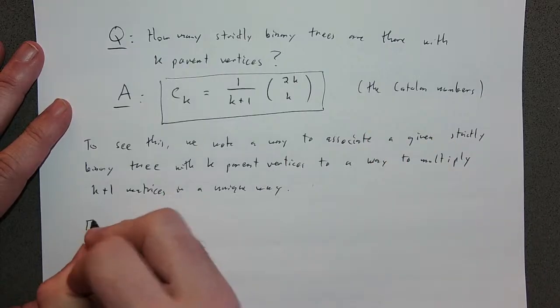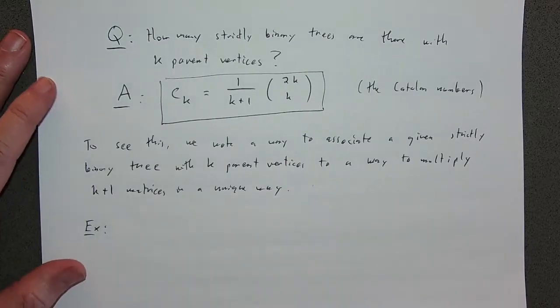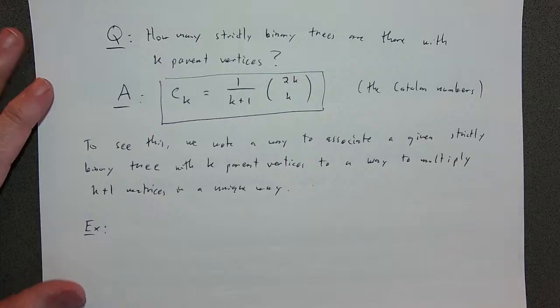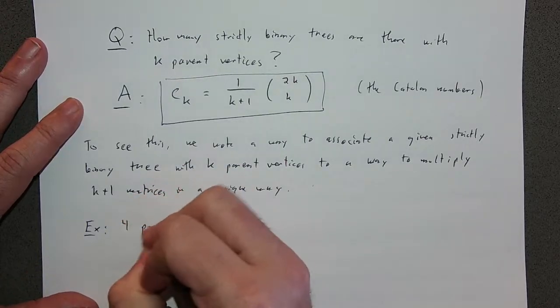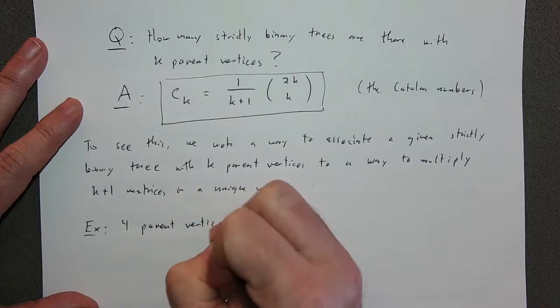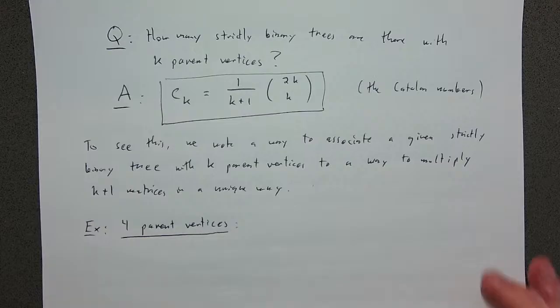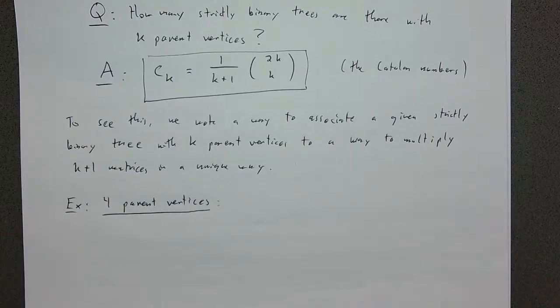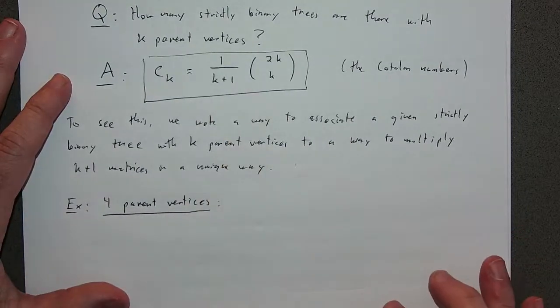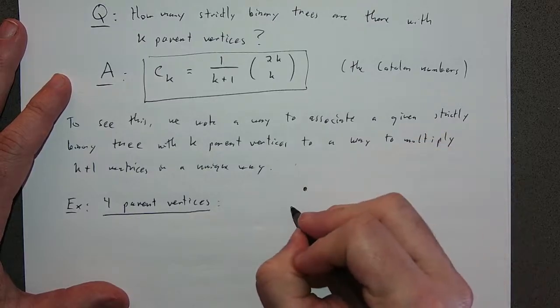So for the example here, let's say I'm doing this for 4 parent vertices. What does my strictly binary tree look like? Well, I'm going to just pick one.